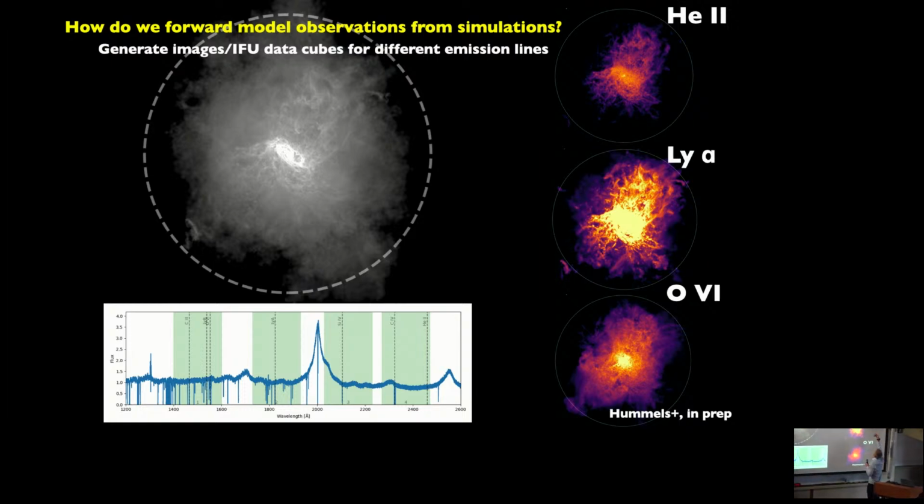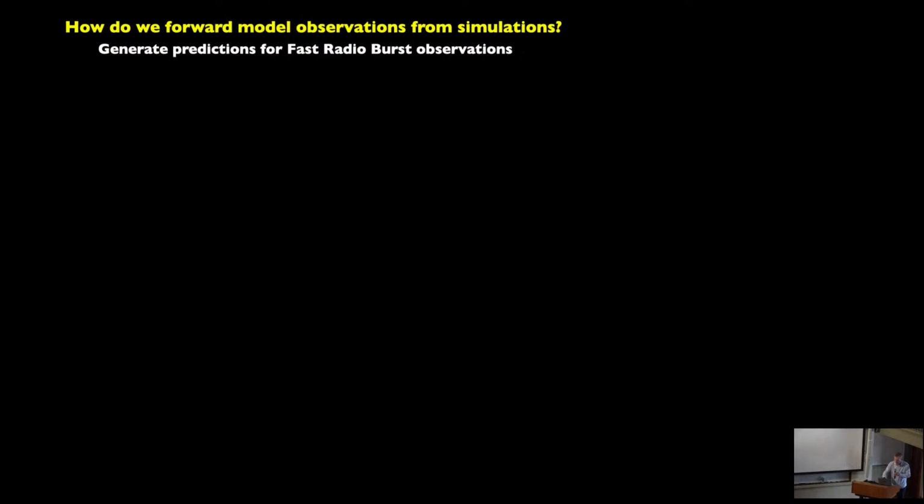Or with things like Dragonfly and other instruments that can pick up really low surface brightness gas. So Trident is in the works of adding these different capabilities to make emission maps for your favorite narrowband line transition, to see what it looks like in spatial resolution, and to make predictions for what the Habitable Worlds Observatory or other upcoming IFUs will be able to see for this diffuse gas.